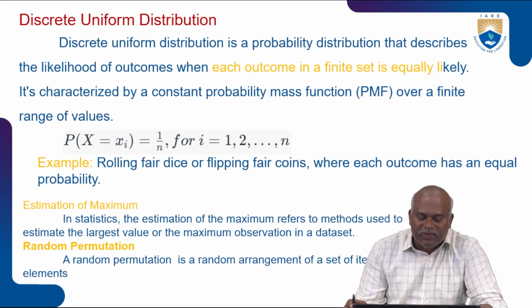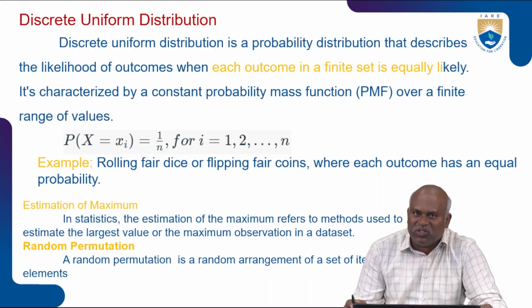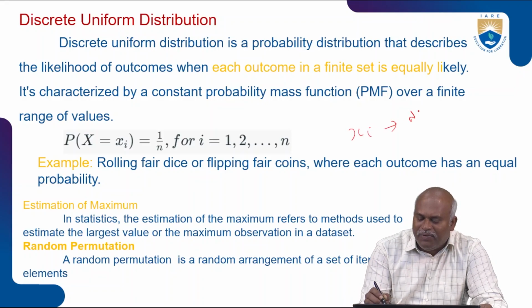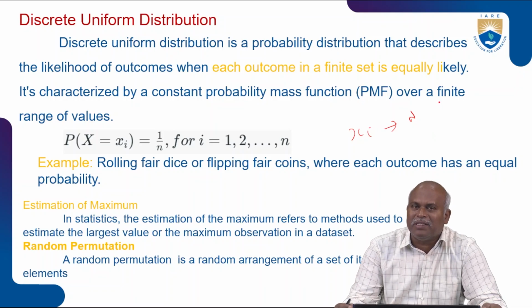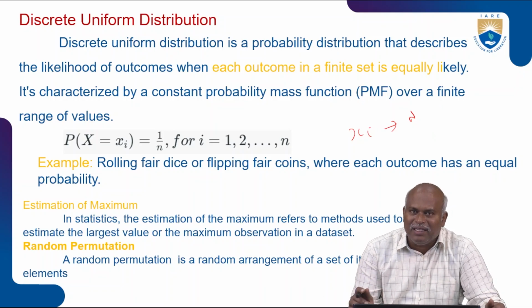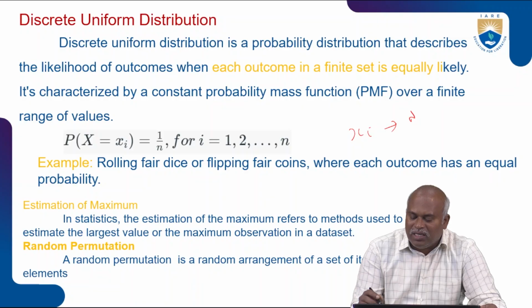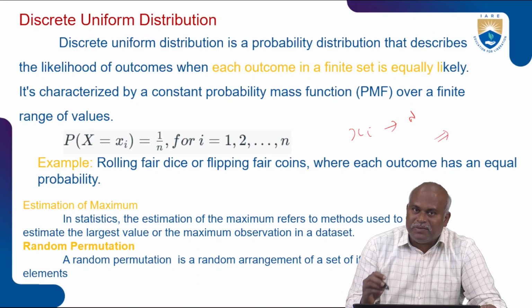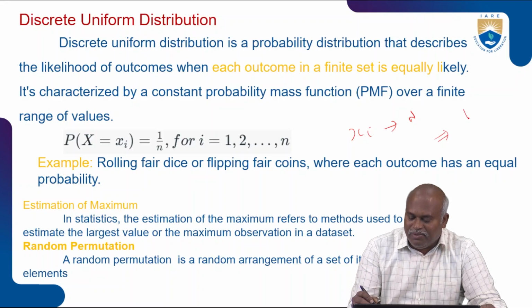The probability mass function P of capital X equal to x of i, where x of i is one of the n possible outcomes within the interval, is equal to 1 by n.